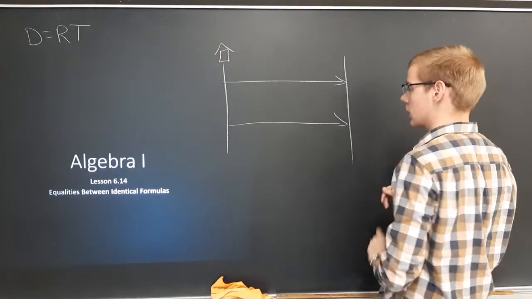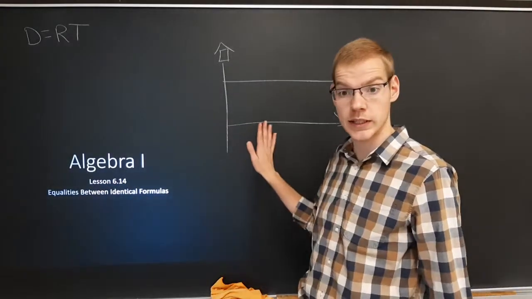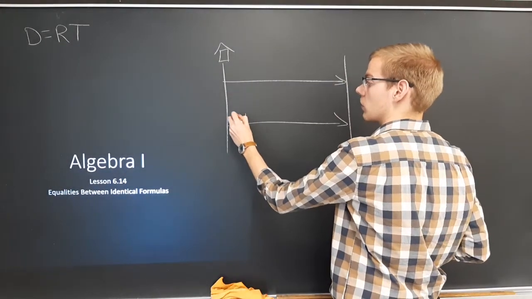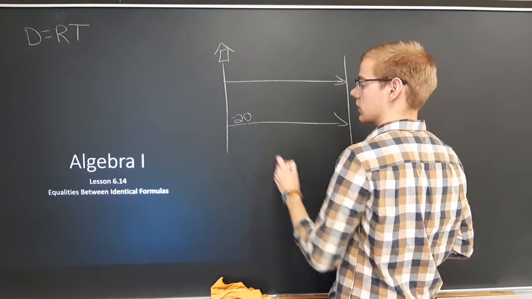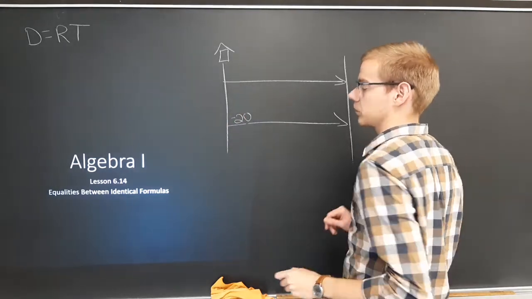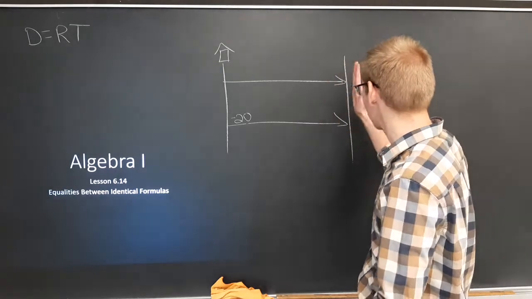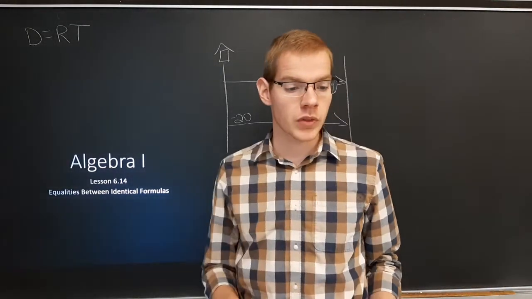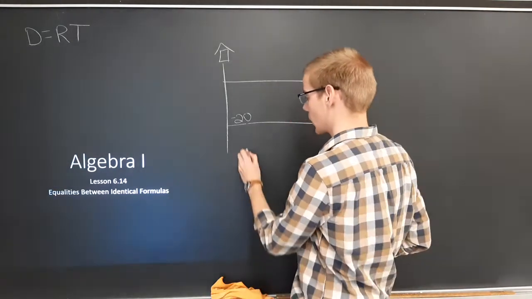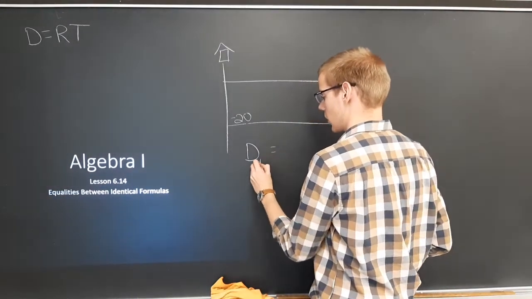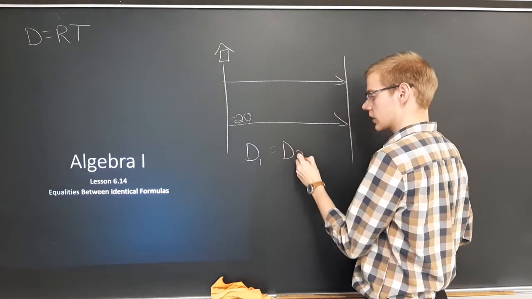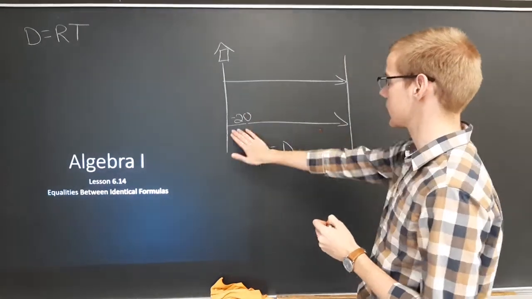How much time did it take them to go up to here? But maybe this one starting 20 minutes less than this one, and them both ending up at the same spot depending on their rates. Then we would use the distance of the one person equals the distance of the second person, because their distances are the same.